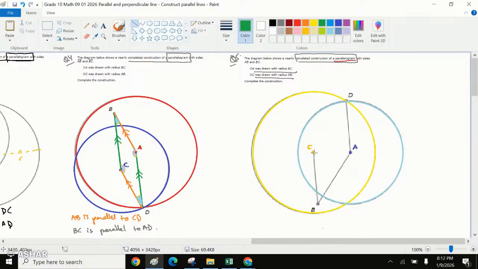So can we say that CB or BC and AD would be parallel lines? BC and AD are parallel lines, but in order to make a parallelogram, all we need to do is make a line over here. It's still a parallelogram. Agreed?